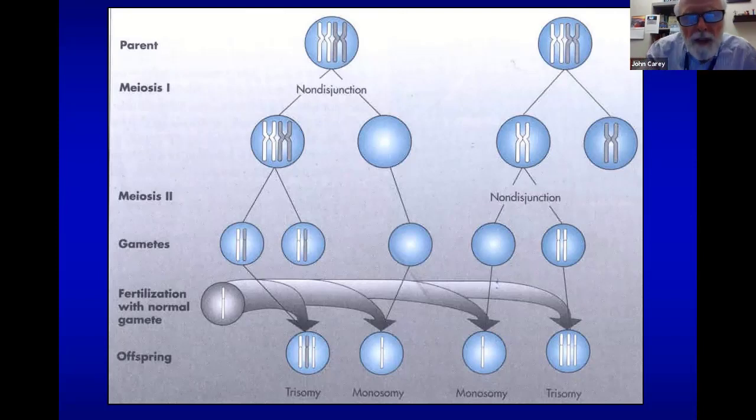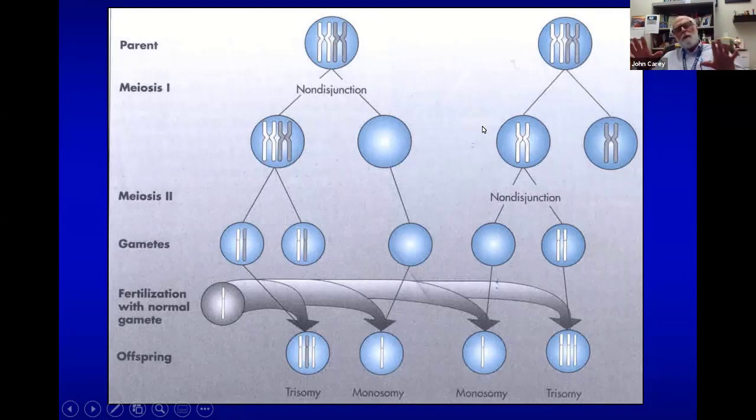Some people think, as one of the hypotheses, that when the chromosomes line up, they exchange material. In this first part up here in the parent, they have to exchange material. That's called recombination or exchange. And in that process, maybe something happens that makes it where they don't separate like they're supposed to.